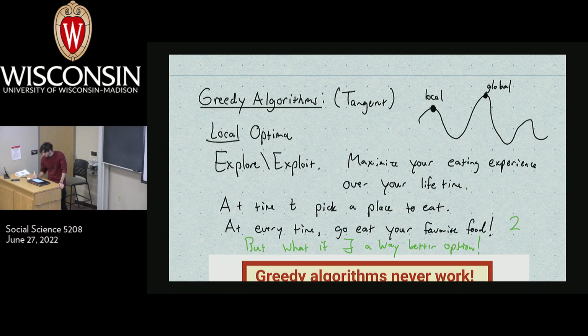You might have found a 2-star food item you really like right now, but eventually you might find a 5-star item. So really, you could get overall 5 times t, where t is the total number of days you're alive, versus 2 times t.